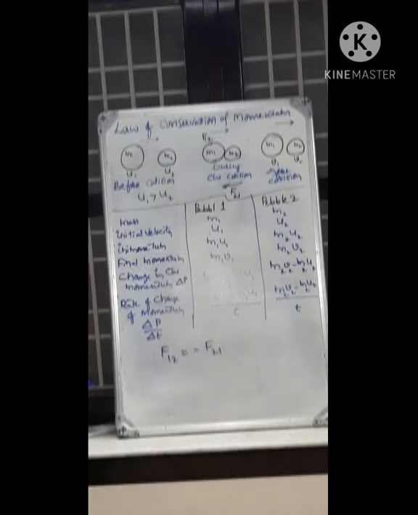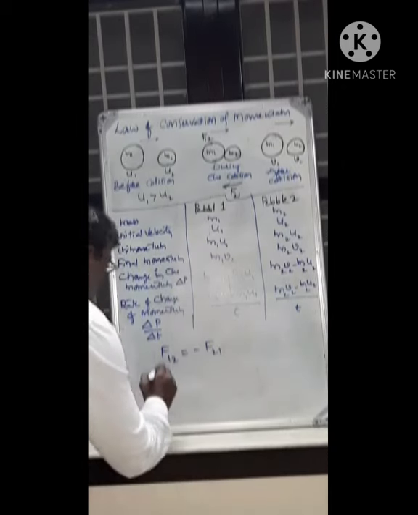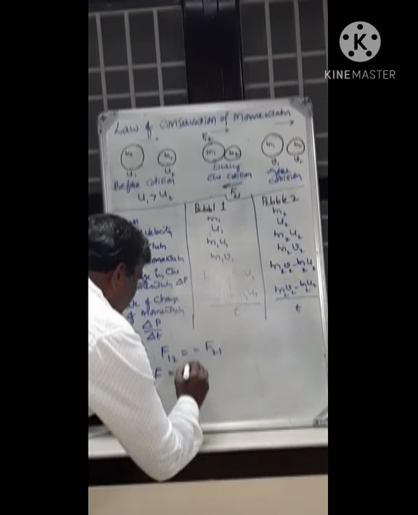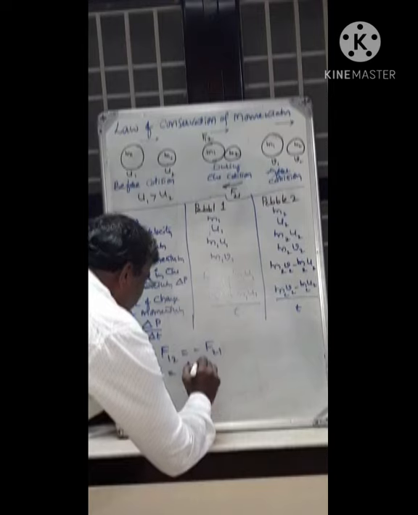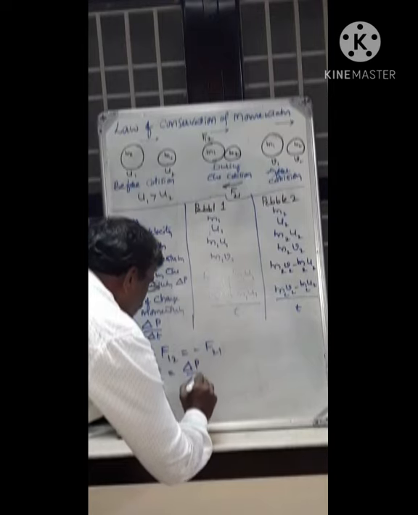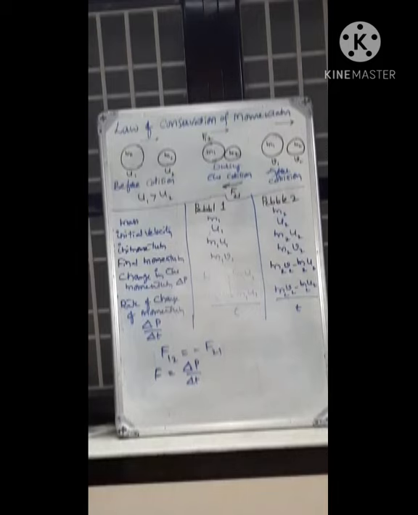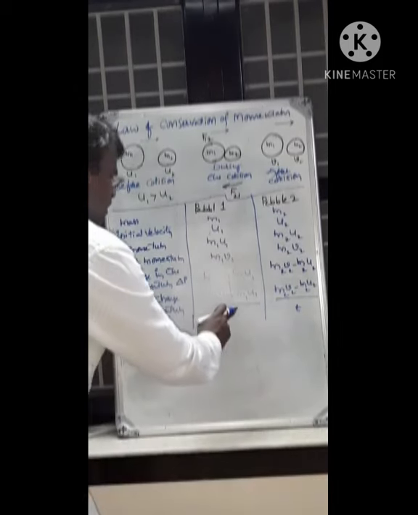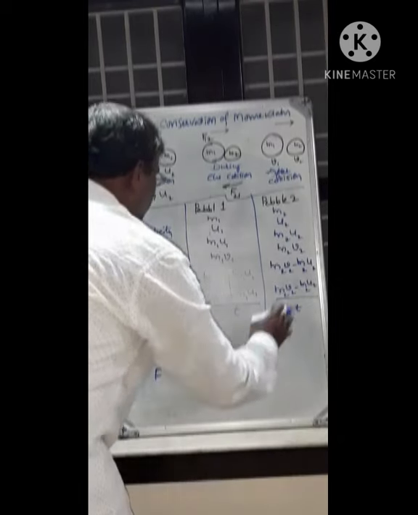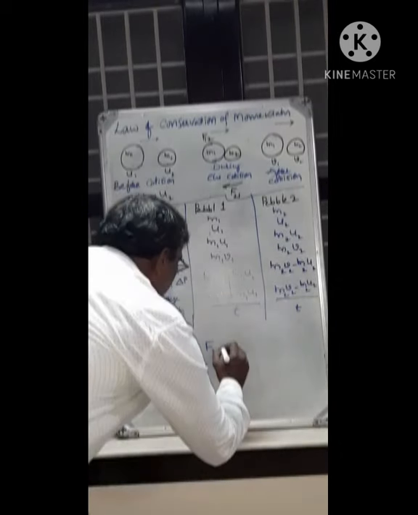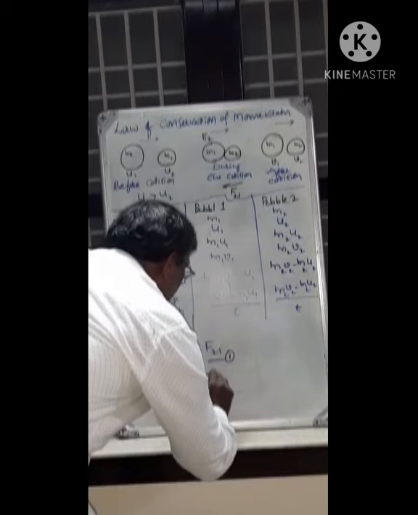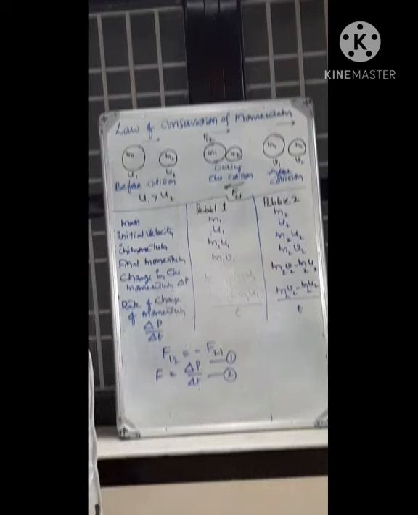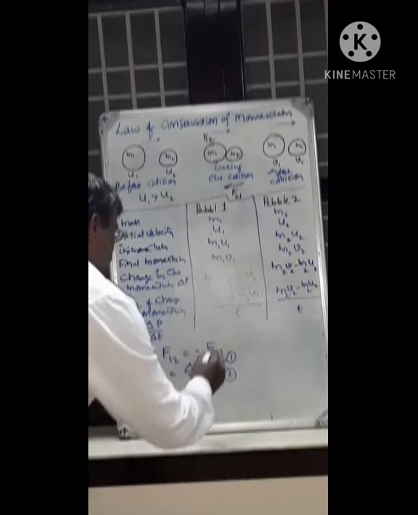According to Newton's second law, the net force is nothing but the rate of change of momentum. So here this is F12, this is F21. Then from 1 and 2, this is according to Newton's second law. Now write down the values.